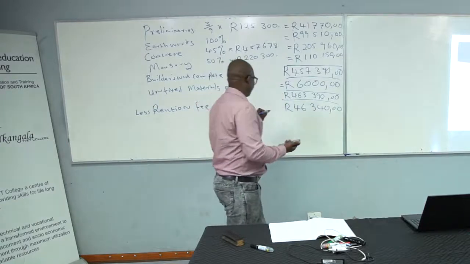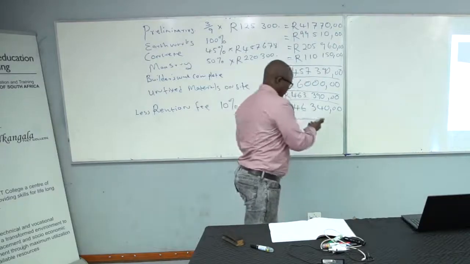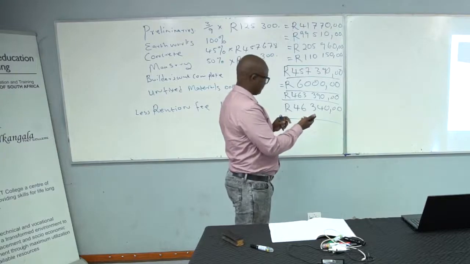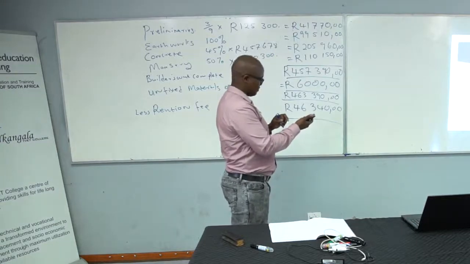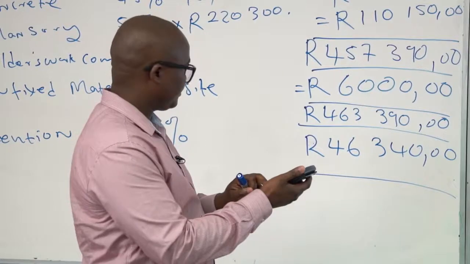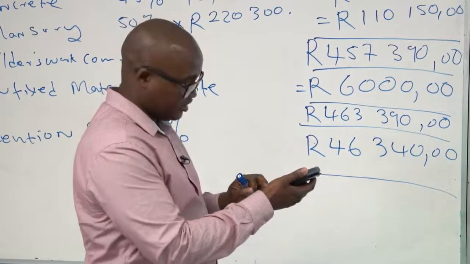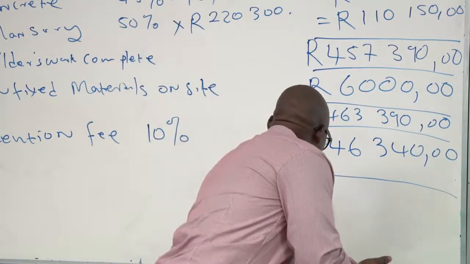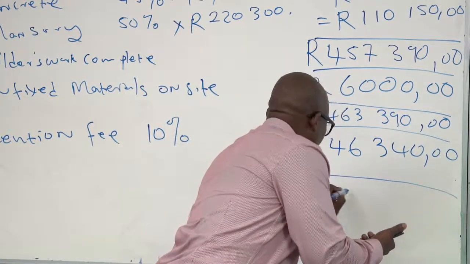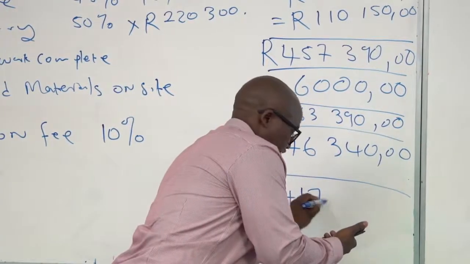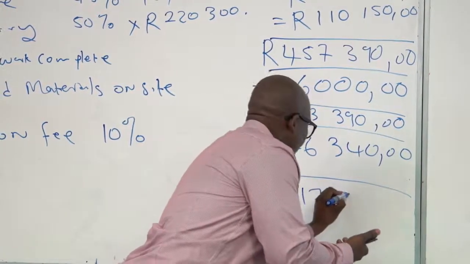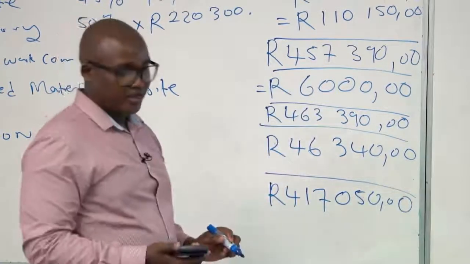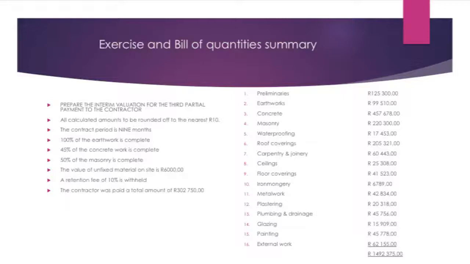So 463,390 minus 46,340 is equal to 417,050 rand. We are not done.